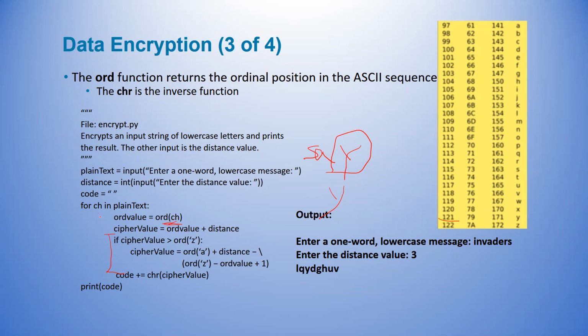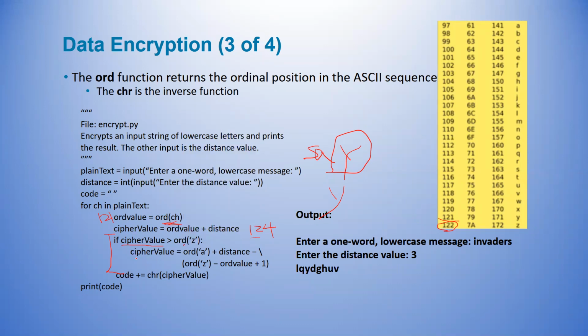So this would be 121. And the cipher value would be equal to 121 plus 3. That's 124, right? And if cipher value is greater than ordinal value of z, and z is 122, and the cipher value 124 is greater than 122.